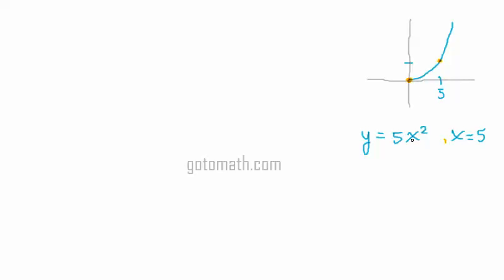So 5 squared is 25, and 25 times 5 is 125, so we'll need to know that, 125, and like I said, this is not to scale. So we have a point here, this ordered pair 5, 125, and then the origin 0, 0, another point right here.